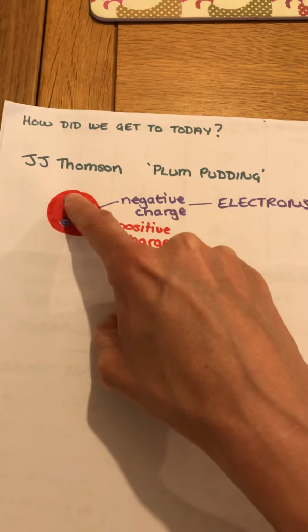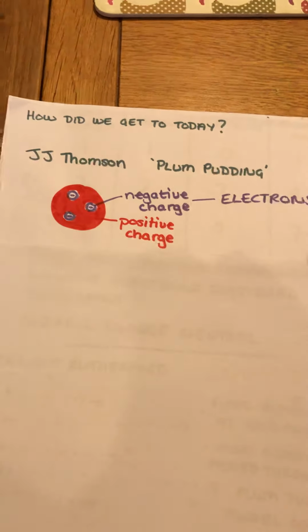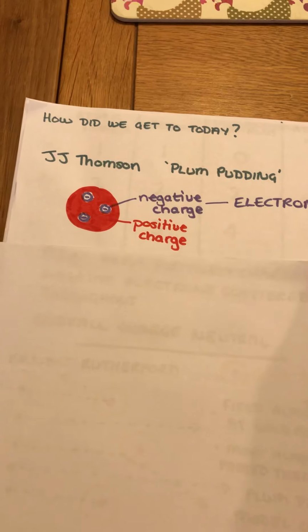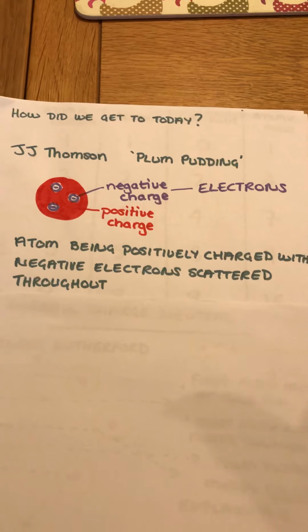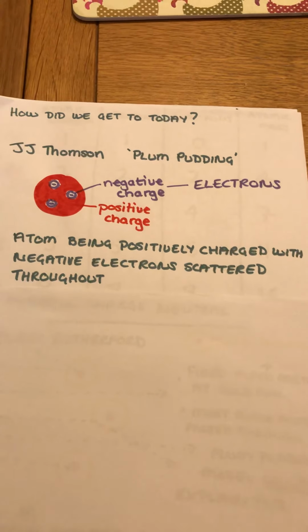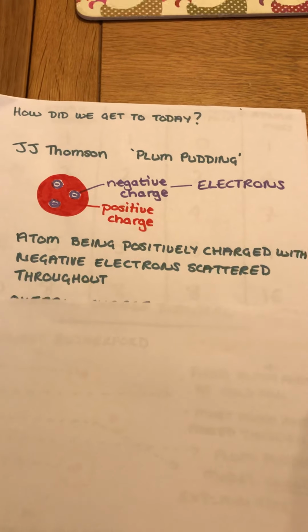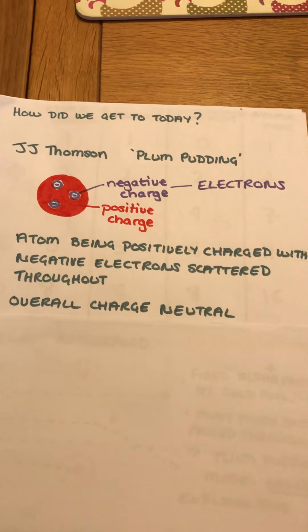So they looked like raisins or plums in a steamed pudding. So overall then, our positively charged atom with its scattering of negative electrons throughout had a neutral charge.